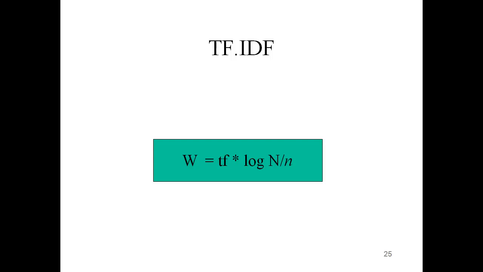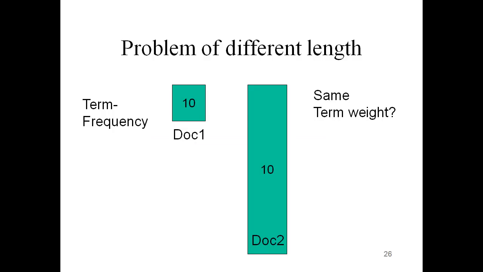And some documents can be shorter than the other documents, so that we have to see, we give the same term frequency, now we have a term frequency of 10, for example, and we treat both of these documents equally.